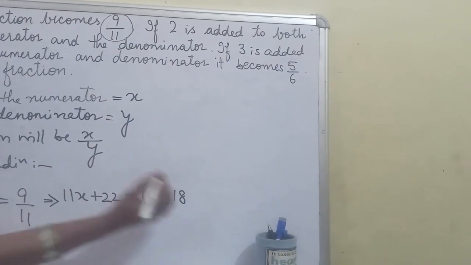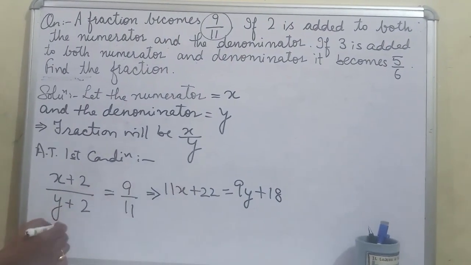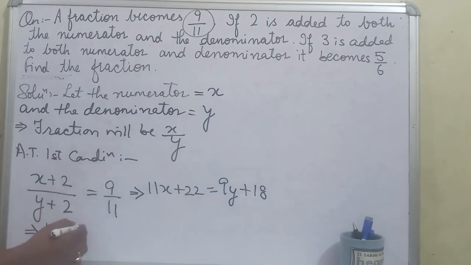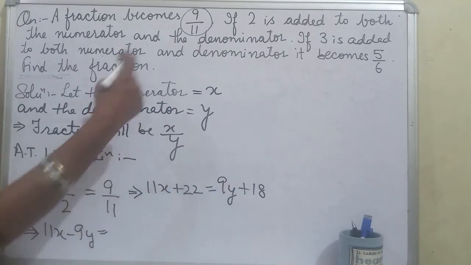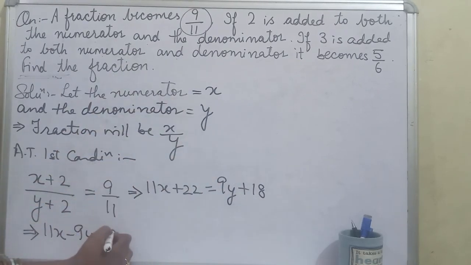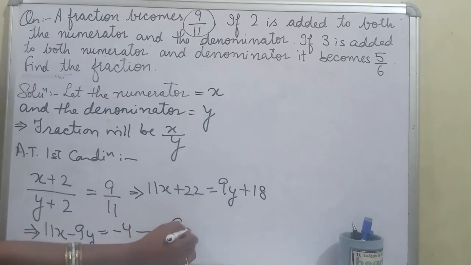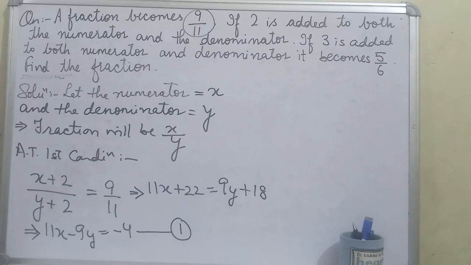Just solve it a little: 11x, take it to this side, minus 9y equals 18 minus 22, that is minus 4. So this will be the first equation. Now I have to find the second condition.